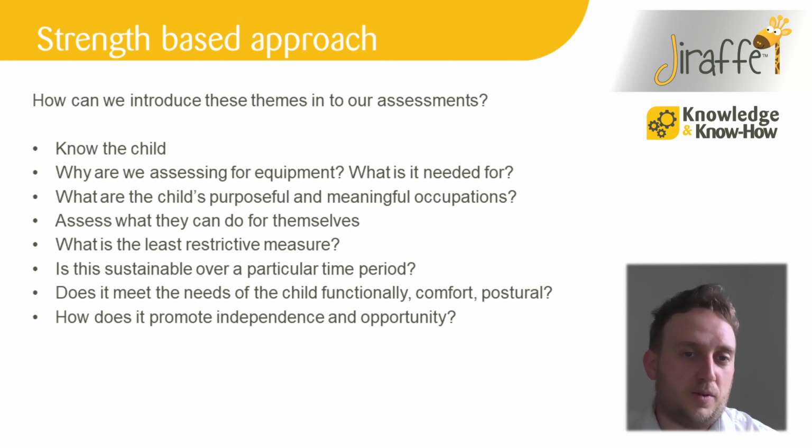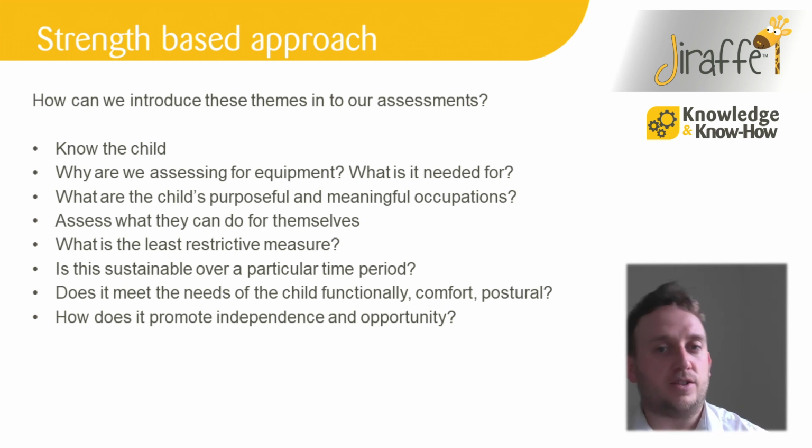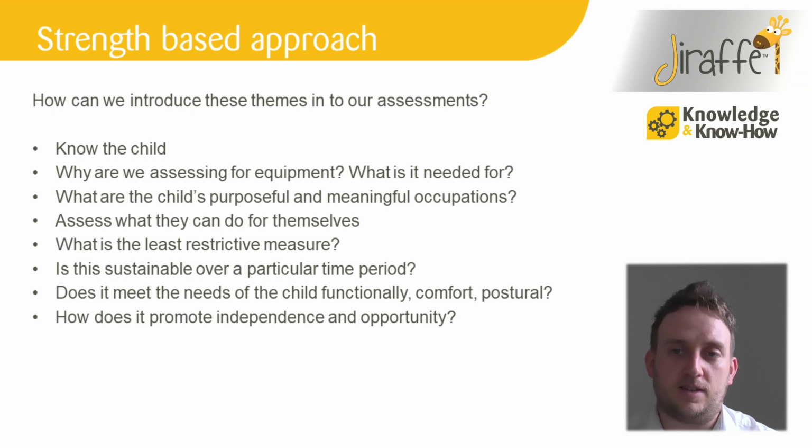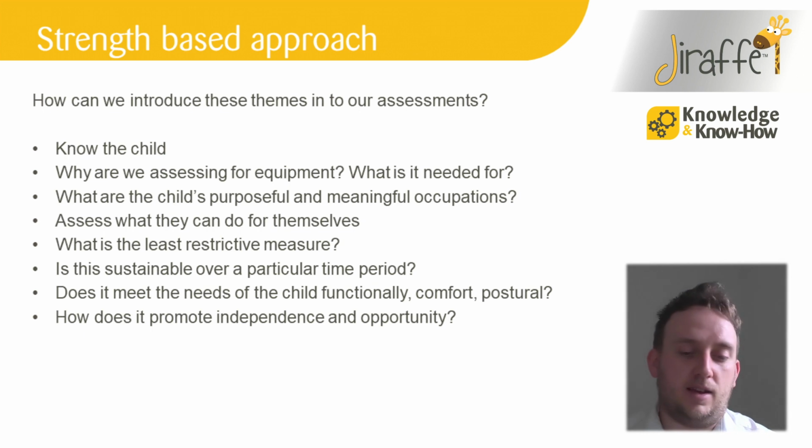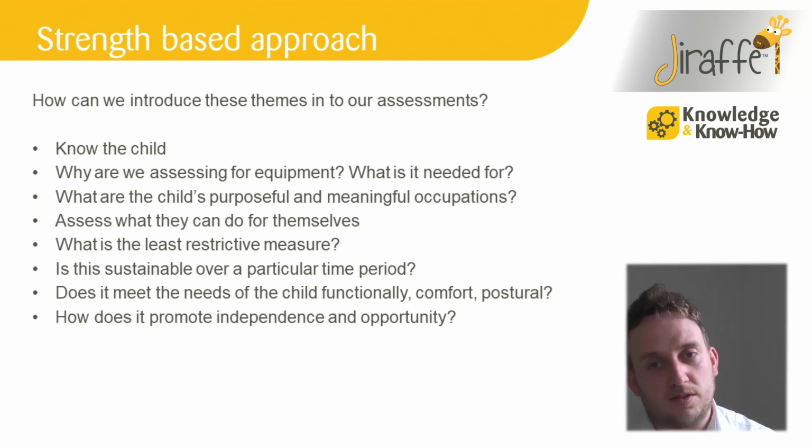So that's why it's so important for us to assess what the child can do for themselves, whilst using the least restrictive measure first, and then take a top-down approach. But also we need to realise if that is sustainable over a long period of time or throughout the full day. A child may have the ability to hold a sitting balance, for example, for a certain amount of the day, but the rest of the day is going to completely exhaust them.